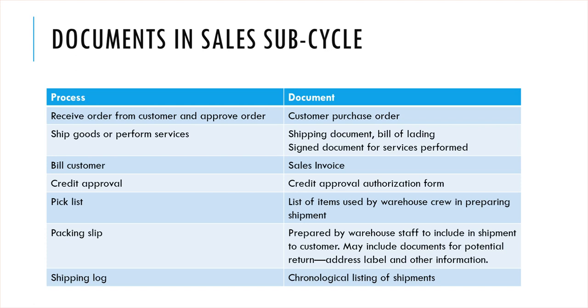What is a pick list? The pick list is what we use so that those individuals who are picking out the items from the warehouse to be shipped can do it. They aren't interested in prices. They're interested in the items that need to be picked out.